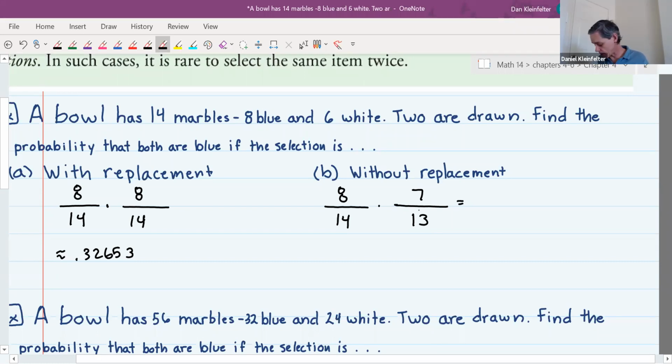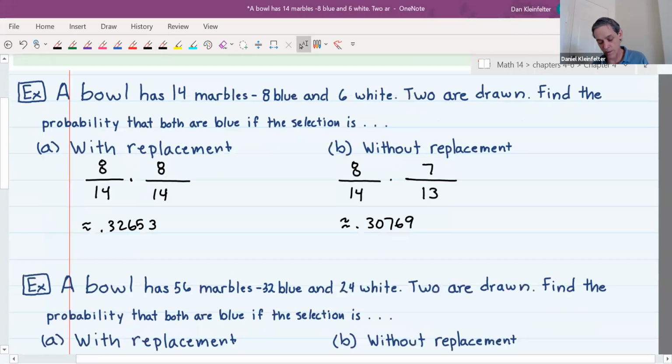So let's see what that gives us. Okay, so that's 0.30769. All right, so there's a difference there of right around 0.02.